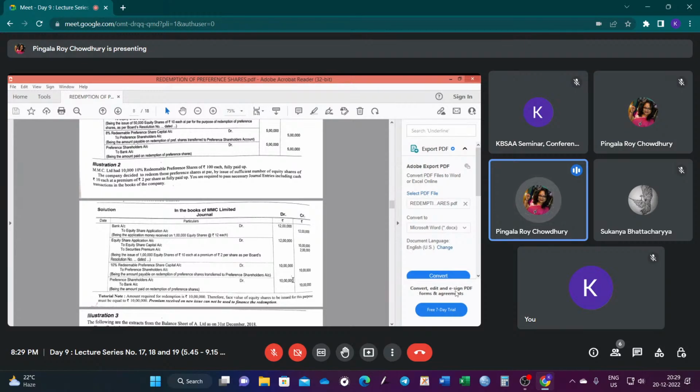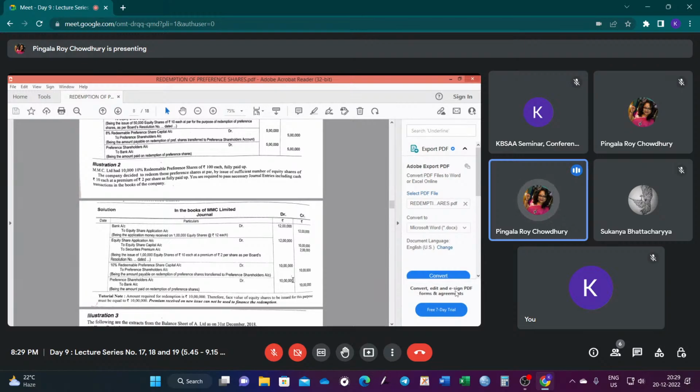So here, what has been said is the company is having 10,000 redeemable preference shares, all of which are fully paid up, so no issue in redeeming them. There are 10,000 shares carrying a dividend of 10% at a face value of rupees 100. Here also the sum has not mentioned how many equity shares are to be issued, but it has mentioned that the equity shares are at a face value of rupees 10 and will be issued at a premium of rupees 2.